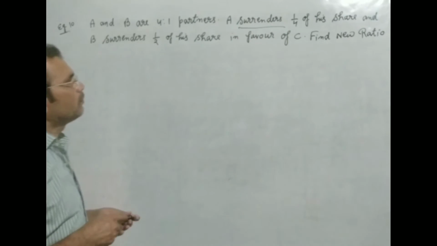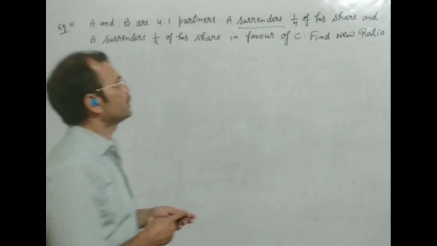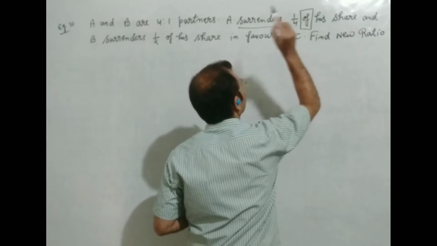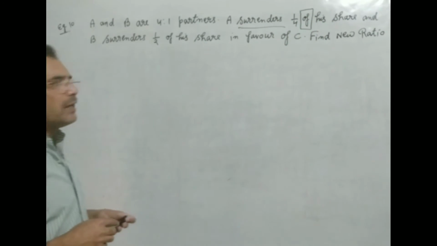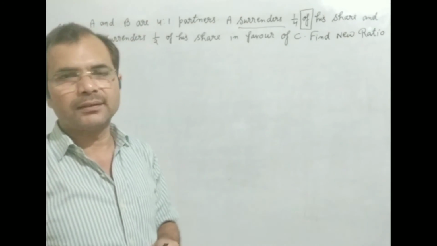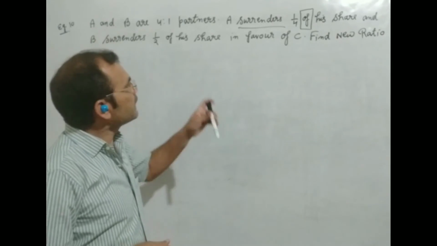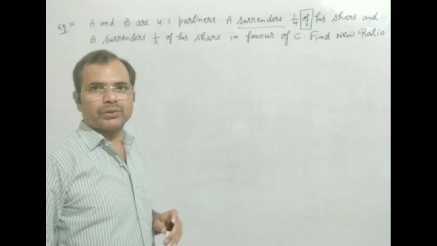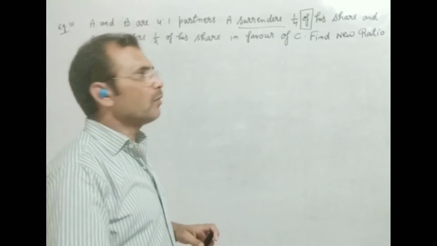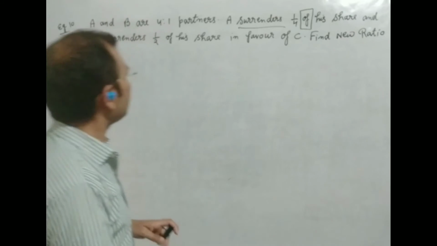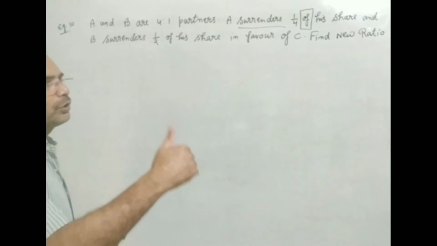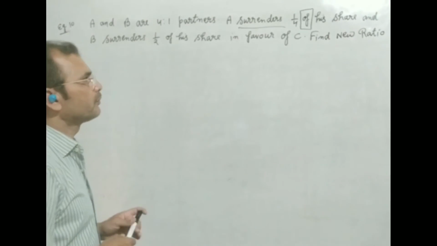A surrenders 1/4 of his share. This word 'of' is very important. The word surrender means sacrifice. It means A sacrifices 1/4 of his share. Whatever the share of A is, he will sacrifice 1/4 of that share.